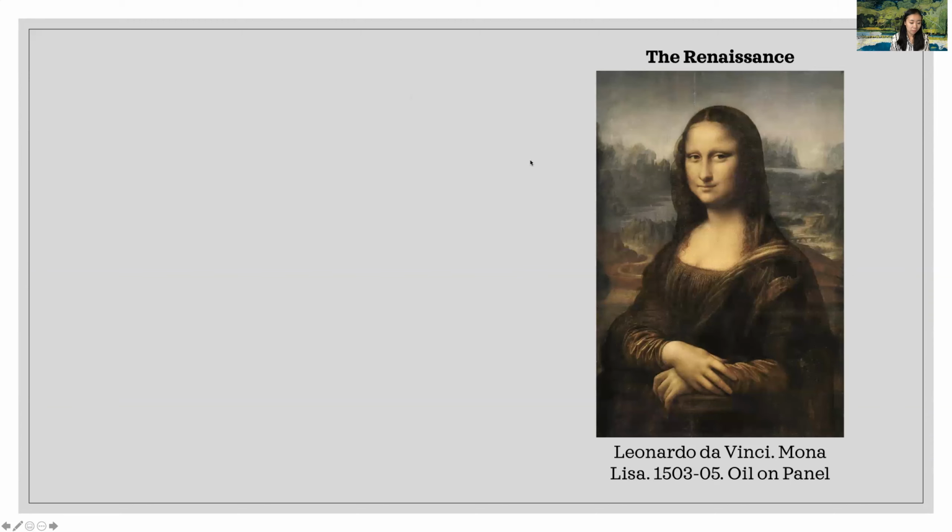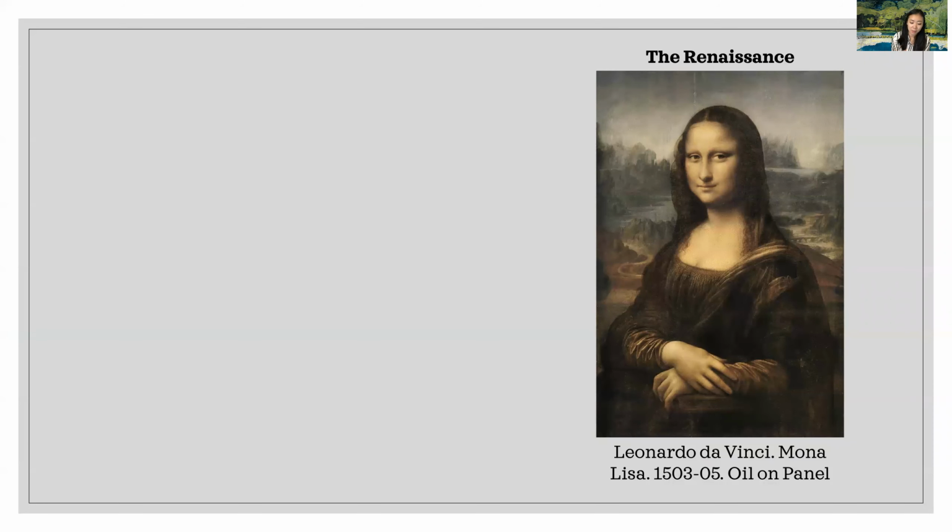So this is a very popular painting to everyone, Mona Lisa by Leonardo da Vinci from the Renaissance era in 1503 to 1505.